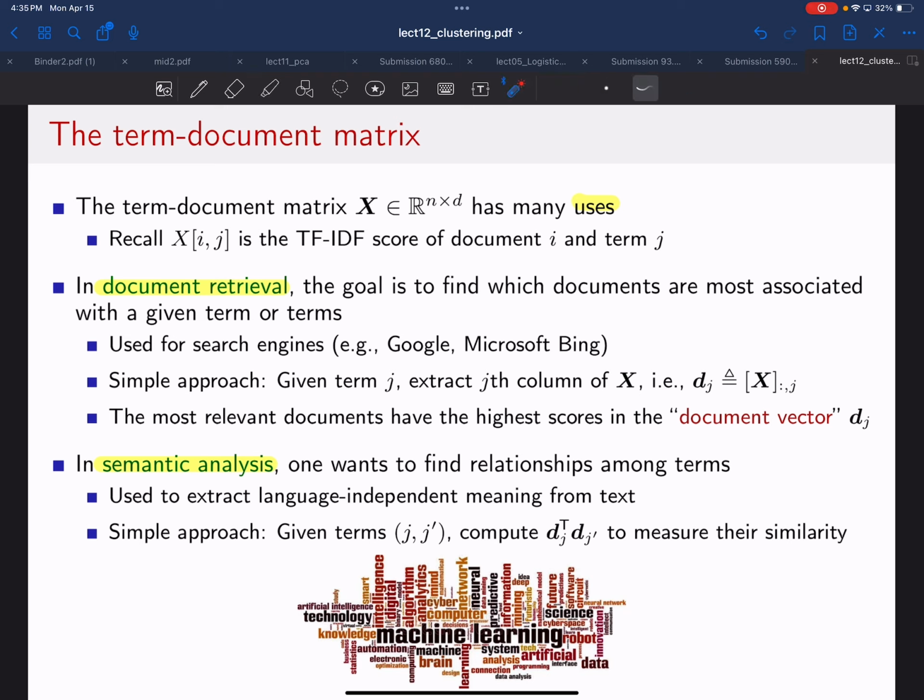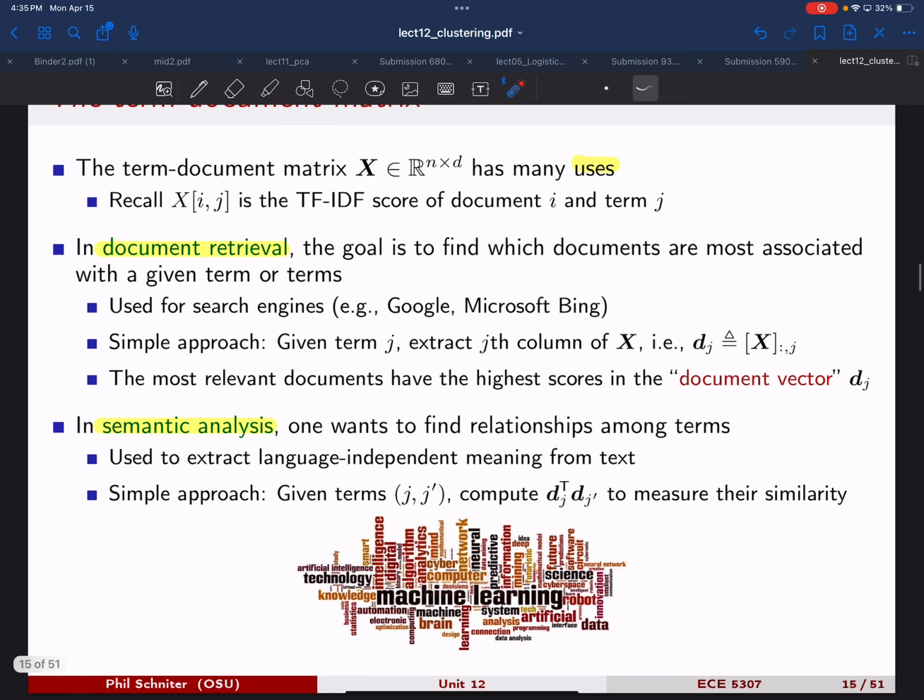What you can do there is again extract a column for each of the terms, and now you just compute its inner product. The larger this is, the more connected those two terms will be. These are just some examples of what you can do once you have this term document matrix.